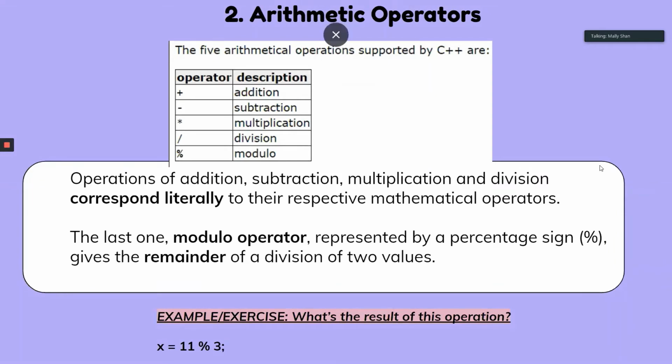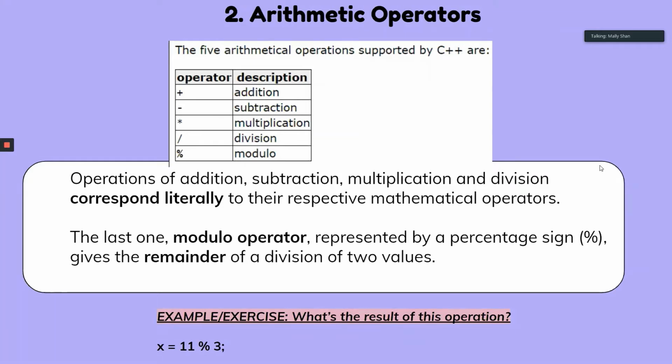If you want, you can write this down, but it's super simple. Just know that arithmetic operators refer to addition, subtraction, multiplication, and division. The main thing you should write down if you don't know it already is modulo and what modulo represents. If you don't know remainders, then it's important that you understand what remainders are.